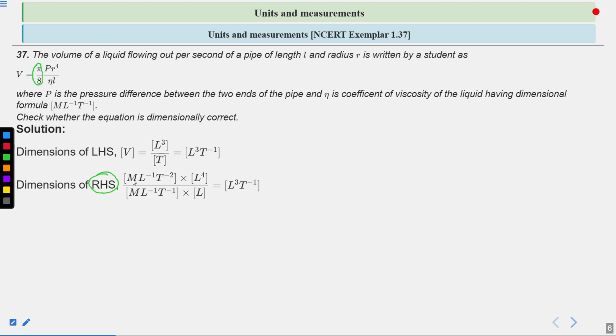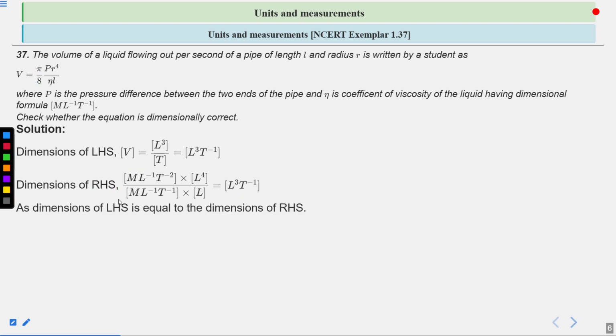So we take the dimension of P into the dimension of R raised to the power 4, which is M L inverse T raised to the power minus 2 into L raised to the power 4, divided by the dimension of eta, M L inverse T inverse, into the dimension of length L. Solving these dimensions, you will get L cube T inverse.